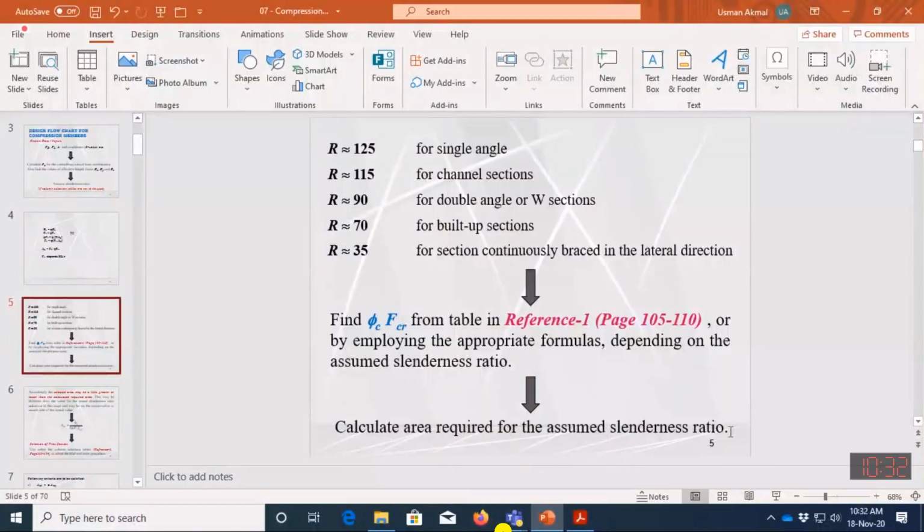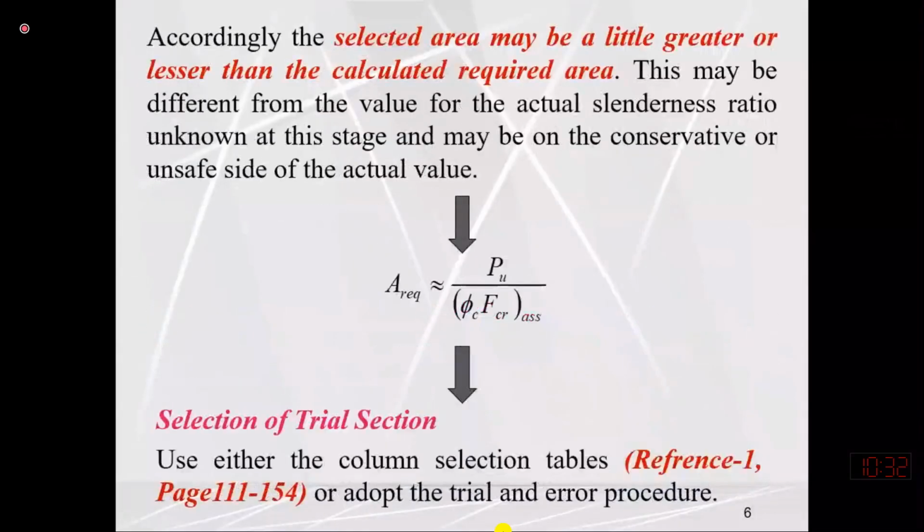Okay, now what we may do: we know the Pu value, so we can divide the factored compressive force by the assumed φcFcr value, and we get our required gross area. So we can determine how much gross area is required. Now our selection will be based upon the section properties table or the column selection table.